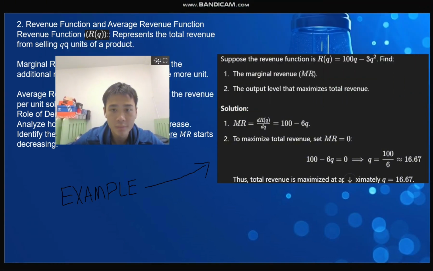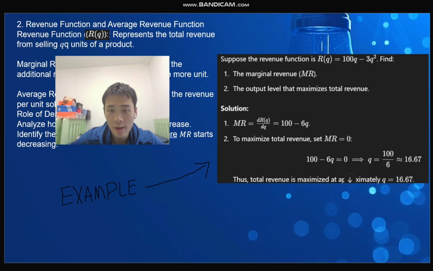Suppose the revenue function is R(Q) equals 100Q plus negative 3Q squared. It asks us to find the marginal revenue, which is MR, and the output level that maximizes total revenue. So here's the solution.